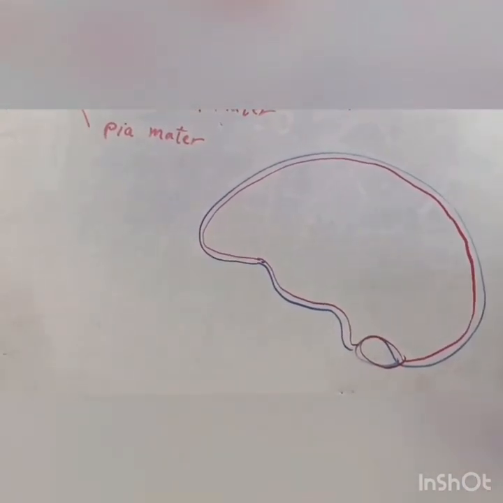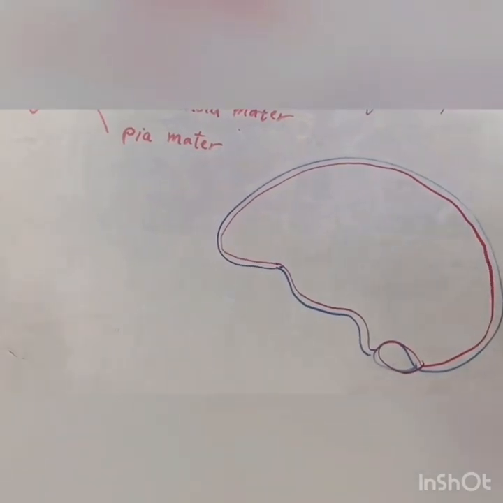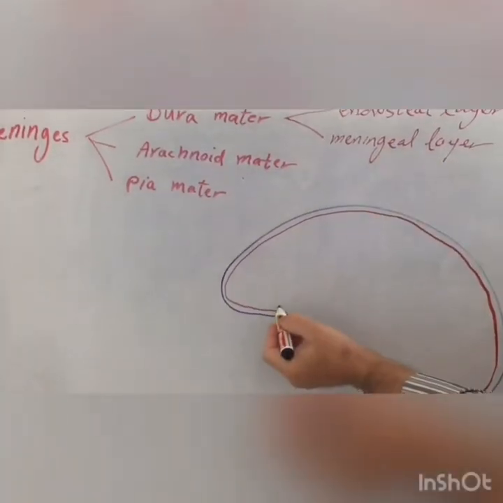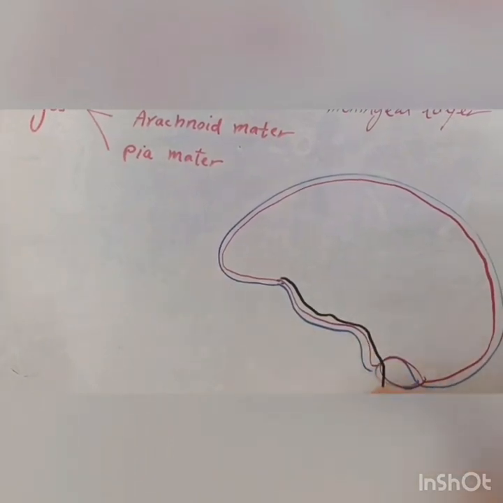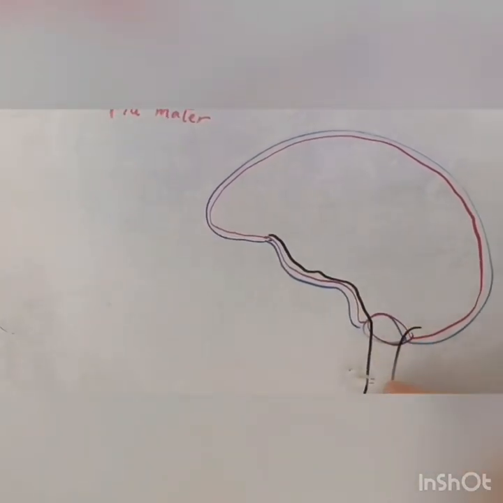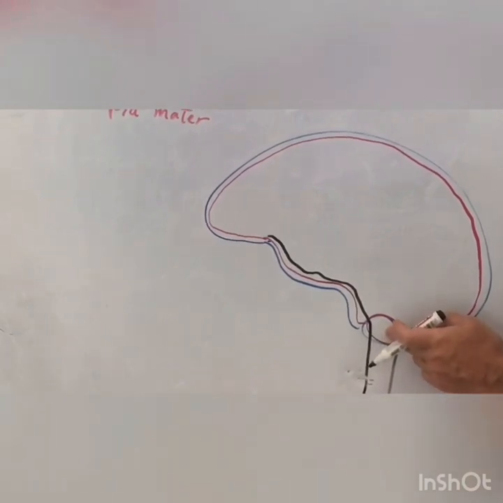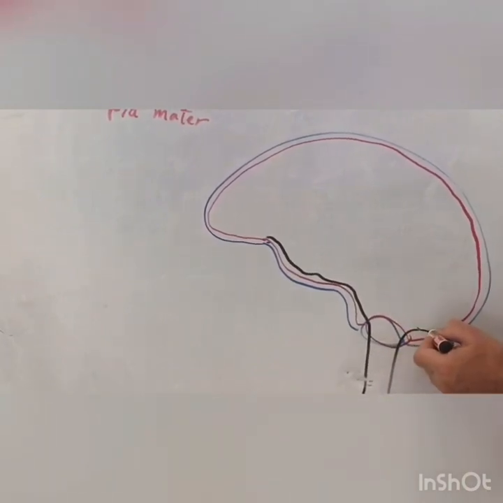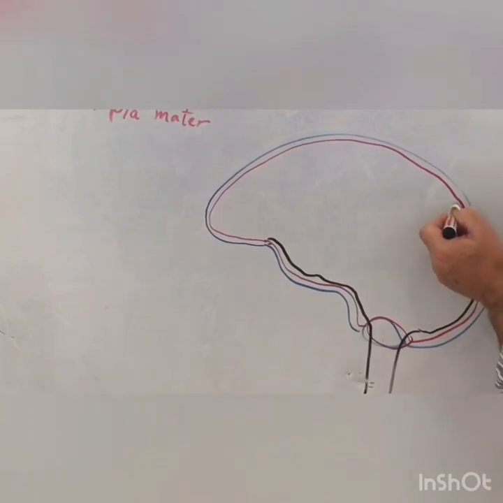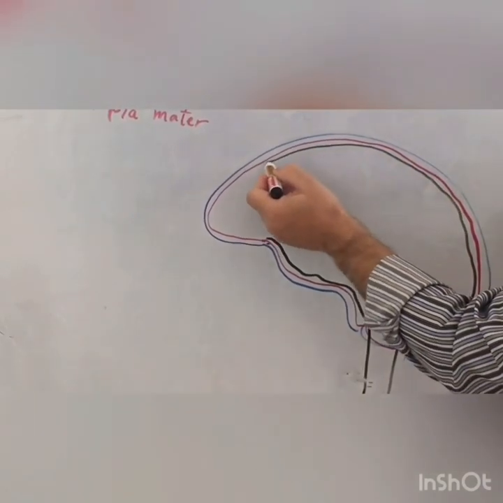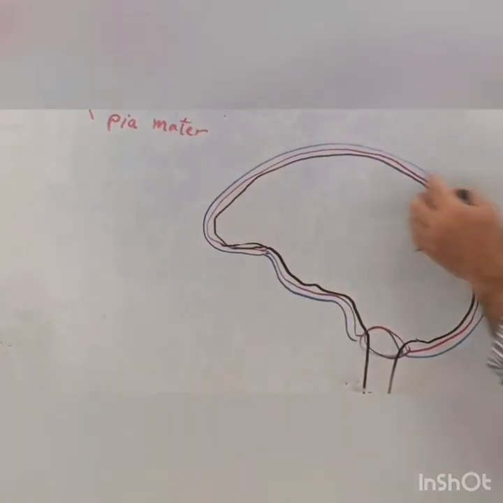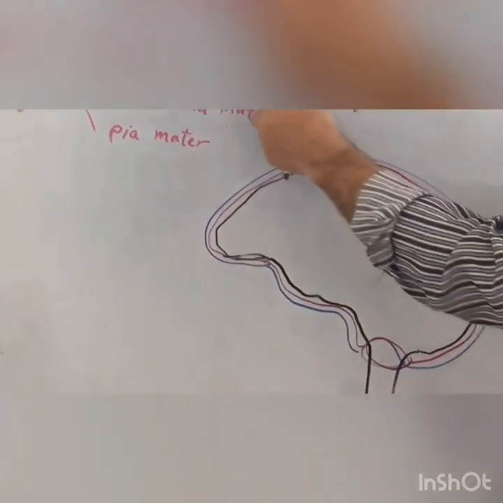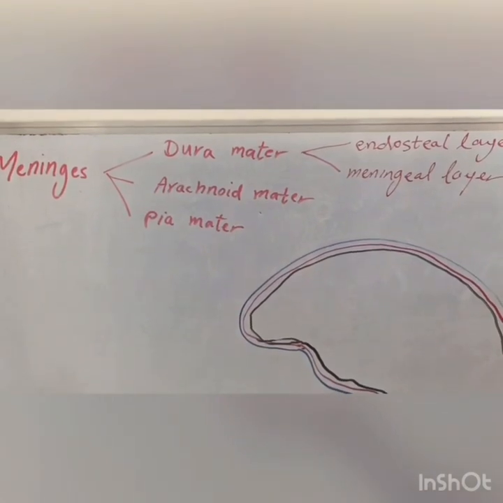While the other layer, the meningeal, will go from the foramen magnum, this is what we call foramen magnum, and cover the spinal cord. So this is the difference between these two layers. And these two layers form the dura mater.